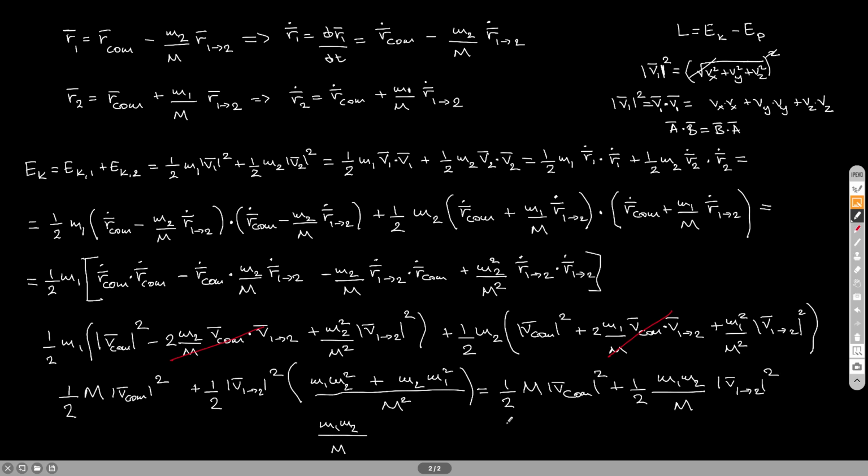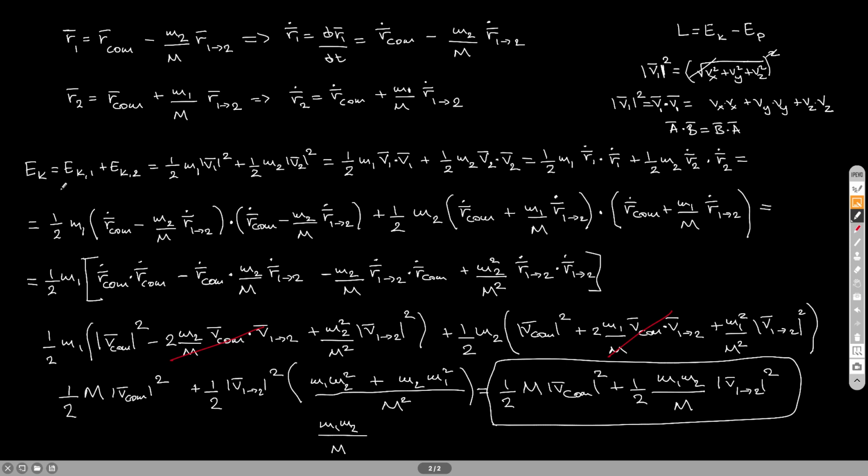Alright, and this is the kinetic energy of the system expressed using the kinetic energy of the center of mass and another term for a different kinetic energy that I will talk about. So let me show you what I started with. It's the same thing that I did before.